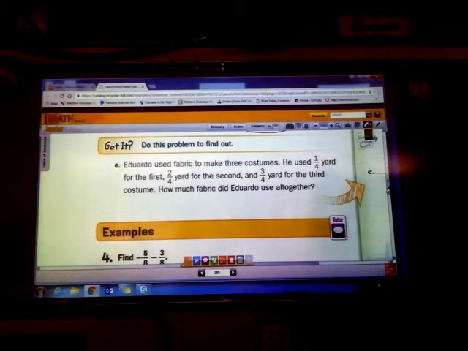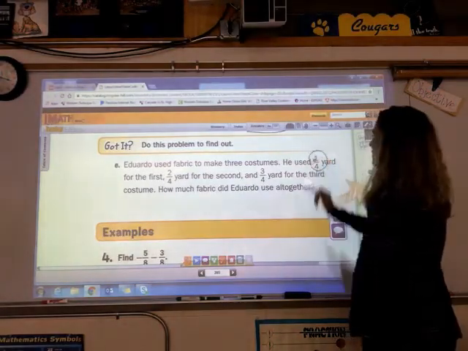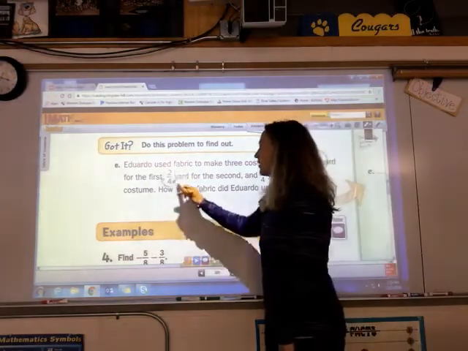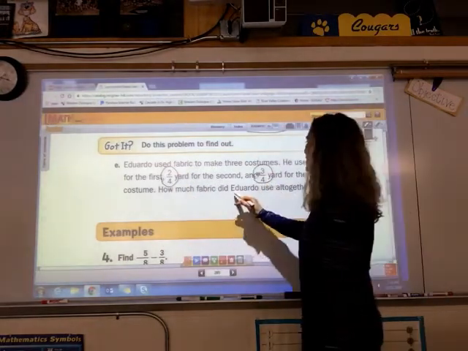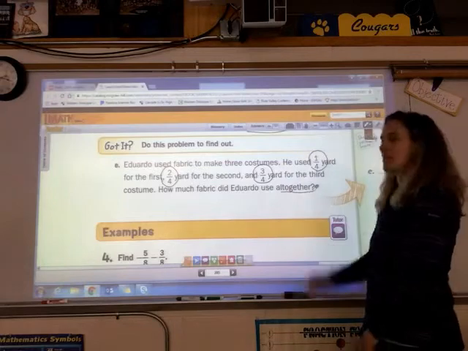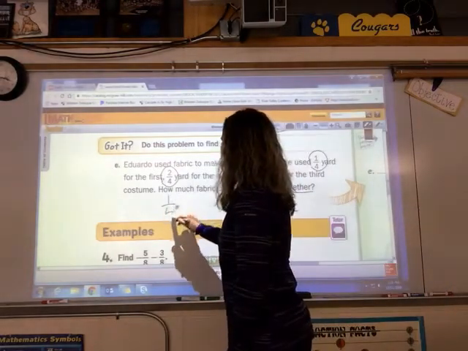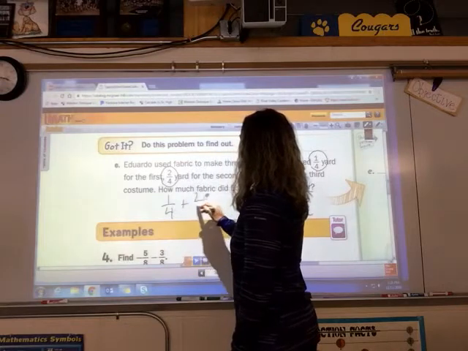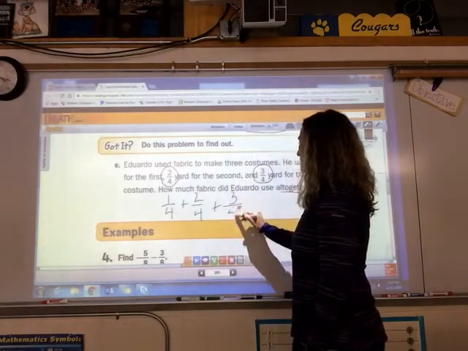Taking a look at got it problem letter E, Eduardo used fabric to make 3 costumes. He used 1/4 of a yard for the first one, 2/4 for the second, and 3/4 for the third. How much fabric did Eduardo use all together? So we're looking at adding. I've got 1/4 plus 2/4 plus 3/4.